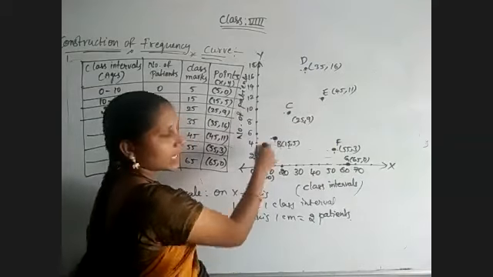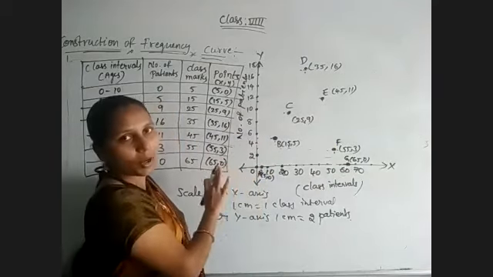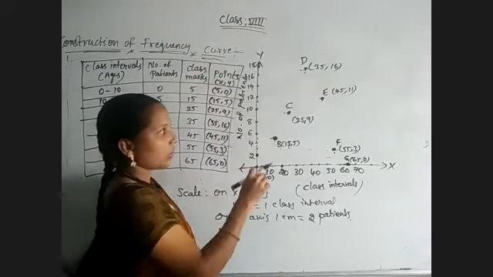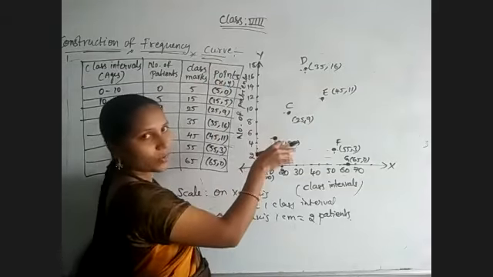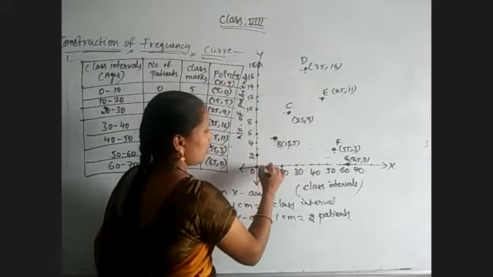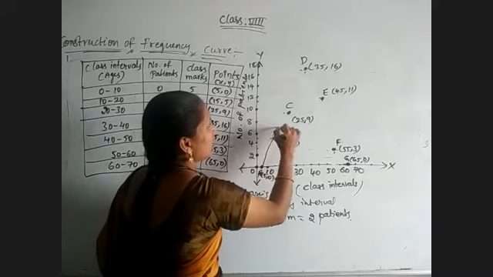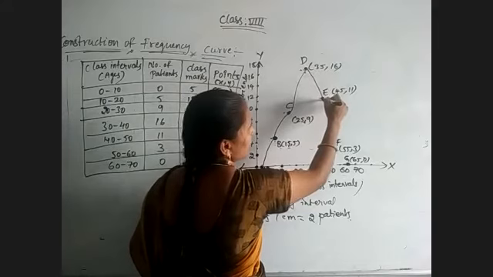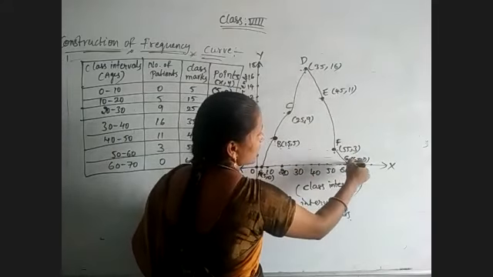If you are using a scale, it will become a polygon. If you are joining all those points freely with your hand, then you will get the frequency curve. So I am drawing the frequency curve now: A, B, B, C, C, D, D, E, E, F, F, G.